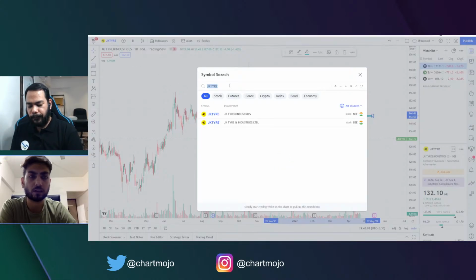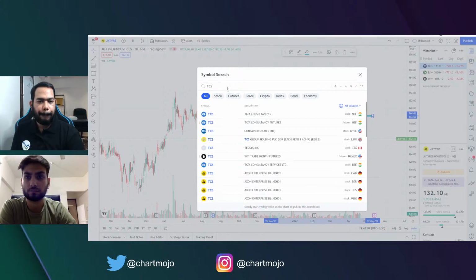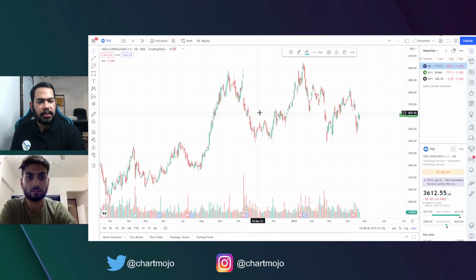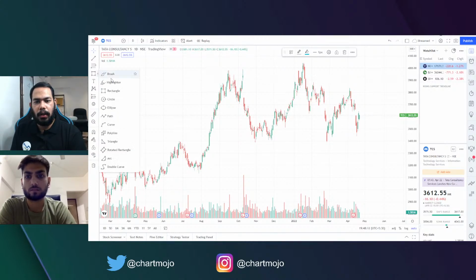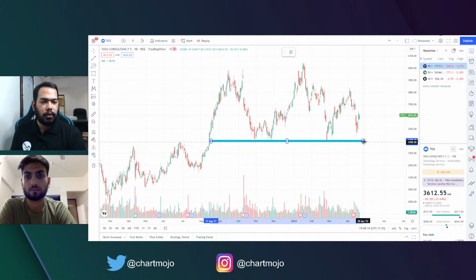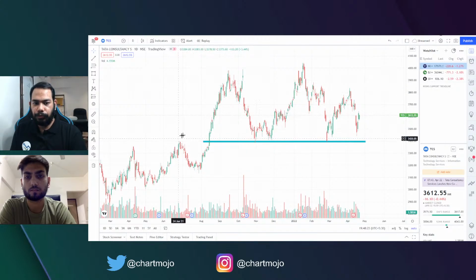The next stock is TCS. See, in this case we are again seeing a sideways consolidation. I think we have discussed this in the last talk, last weekend. Right now we can see this counter getting multiple supports at 3400.